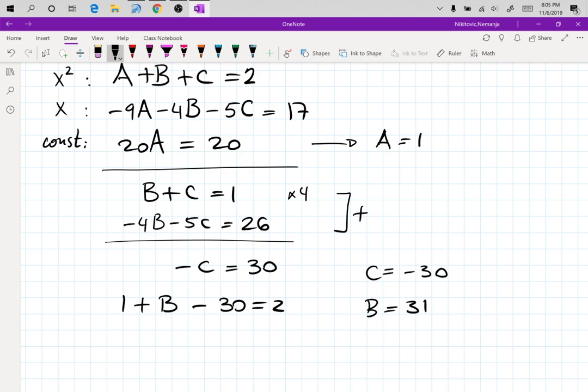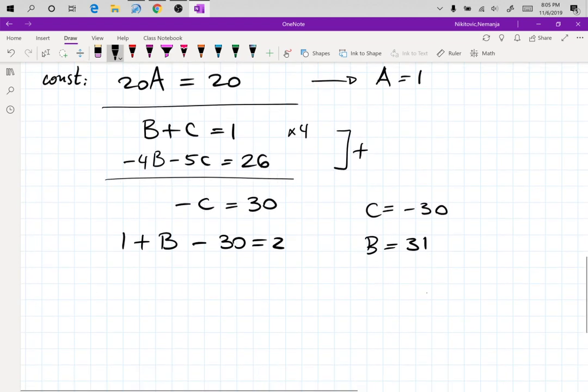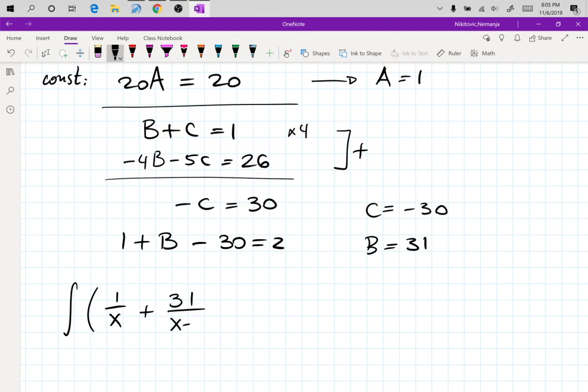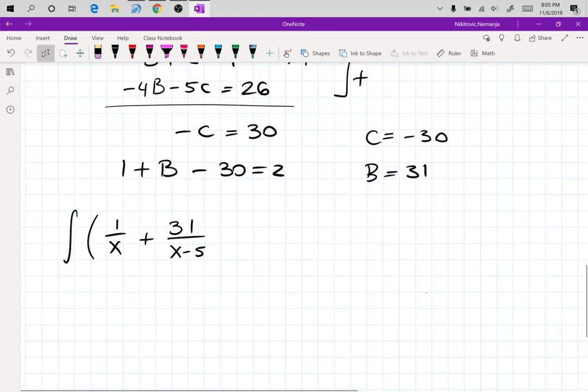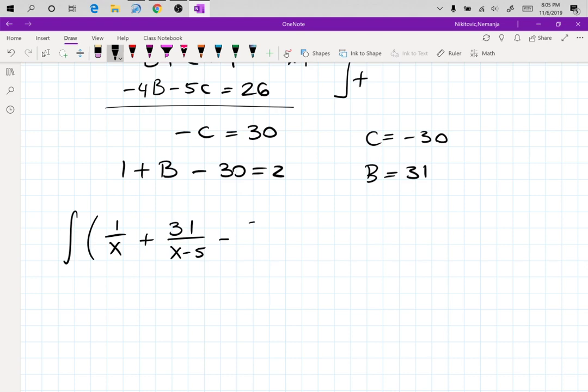I'm not boxing any one of these because that's not the answer. I still have to integrate. So I have integral a over x. A is 1. So 1 over x. Don't forget the parenthesis because you're going to have 3 separate terms to integrate and they all need to be times dx. So parenthesis is important. Plus 31 over x minus 5, if I remember. Yep. And then minus 30 over x minus 4 dx.